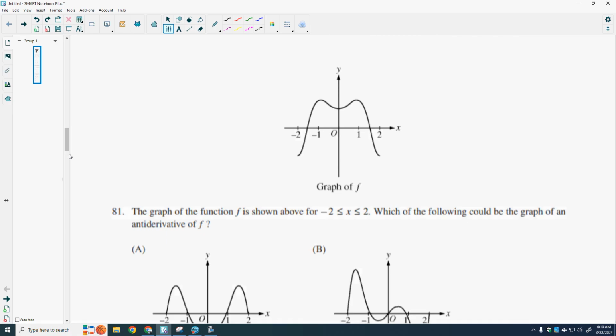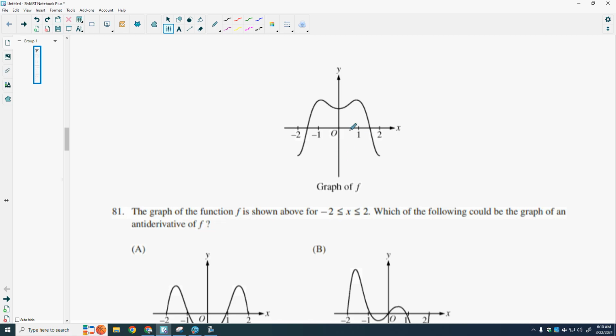All right, question 81. The graph of the function f is shown above. Which of the following could be a graph of the antiderivative? f is the derivative of some other function, the antiderivative, whatever we want to call that. So which of the following will this be the derivative of?